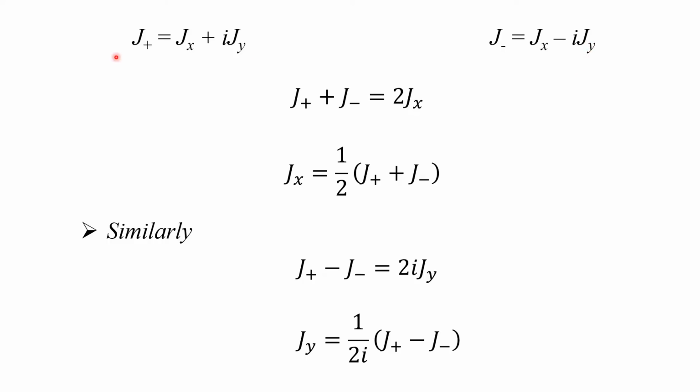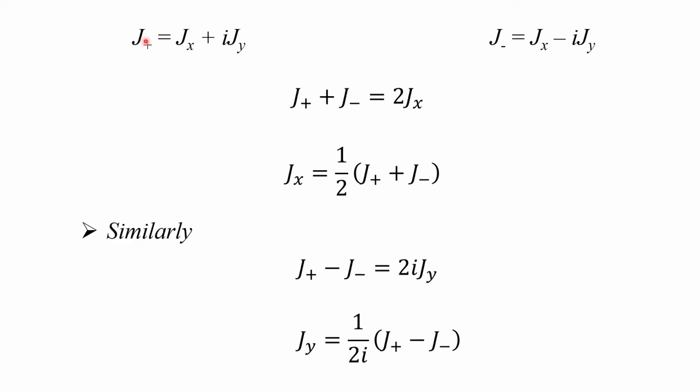That means if you add these two, J plus and J minus, the second term iJy will cancel with the minus iJy. So you will get Jx plus Jx, that is 2Jx. That means Jx is equal to 1 over 2 (J plus plus J minus).